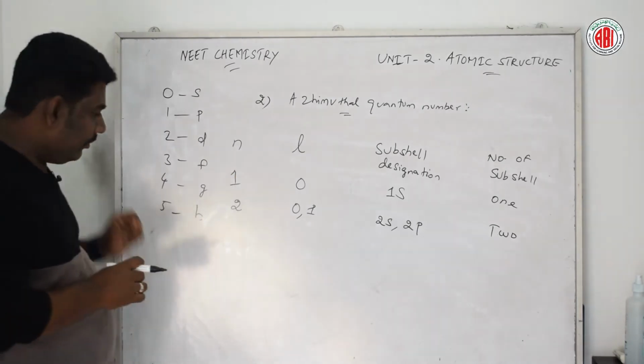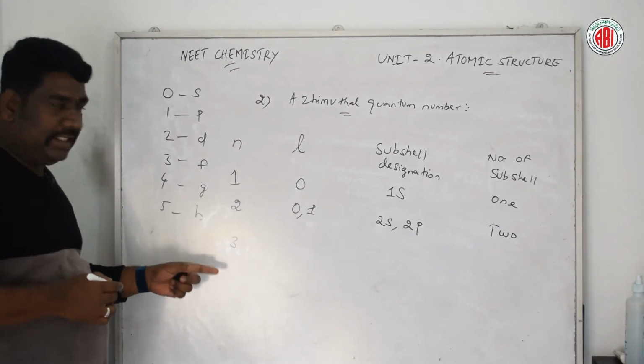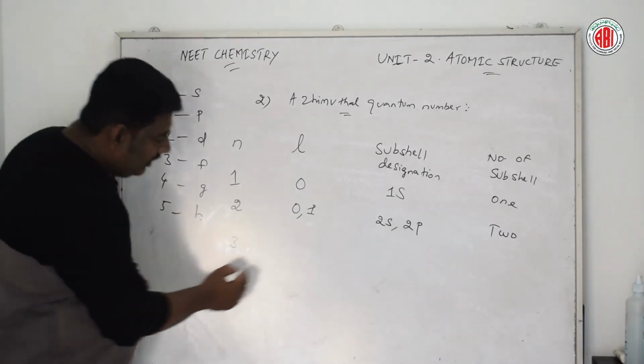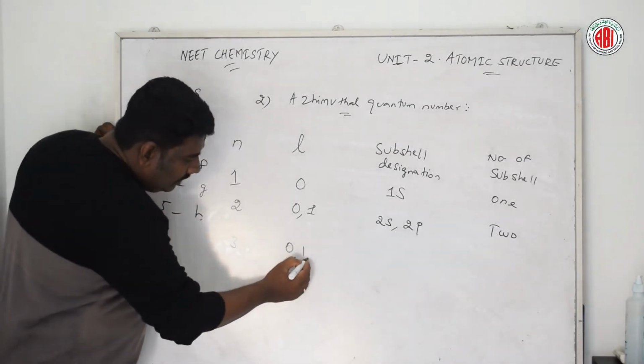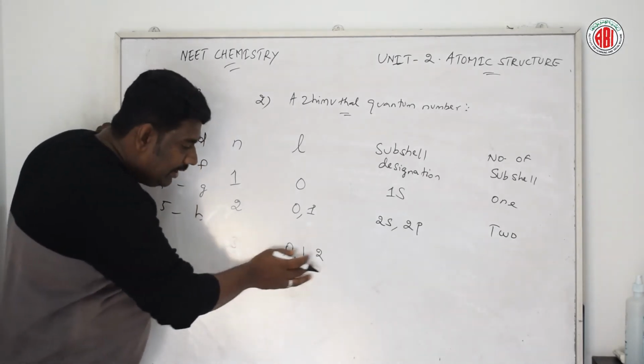So like that we can explain in detail the number of subshells present and the subshell designation by comparing the n and L values. Now talking about n value 3, the L value always starts from 0: 0, 1 and 2.